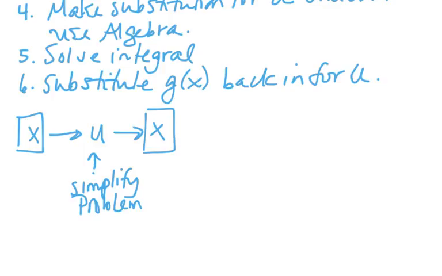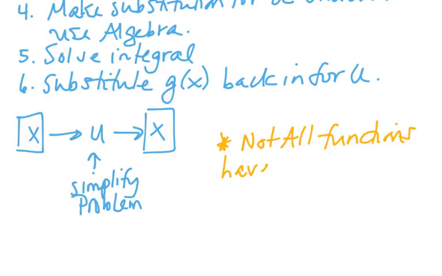And the other point I'd like to make at this juncture is that not all functions have antiderivatives. So this doesn't always work. You'll learn techniques to handle this situation, but not all functions have antiderivatives, and that's okay.